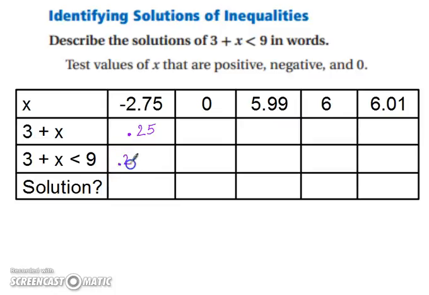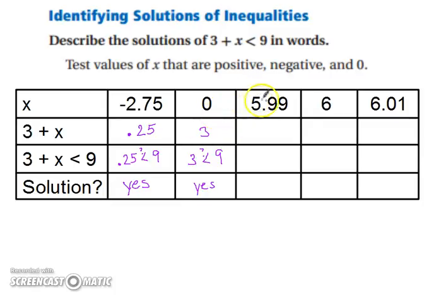Is 0.25 smaller than 9? Yes. Alright, let's try 0. 3 plus 0 is 3. Is 3 smaller than 9? Yep, so far so good.